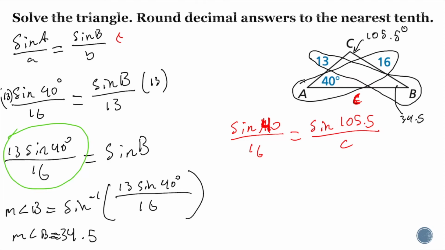So here I have a little bit more work. I need to cross multiply here. And I get 16 sine of 105.5 is equal to C sine of 40 degrees.